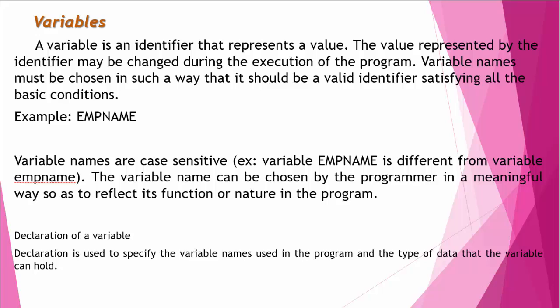In the books you will find that a variable is a named memory location. It is actually the name we give to that memory location. Whenever we declare a variable, it finds the first empty memory location and gives it to that variable, and we put a value into that variable, and the value is stored at the location.